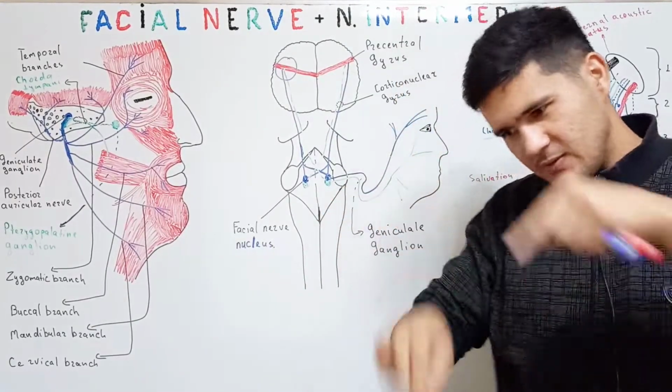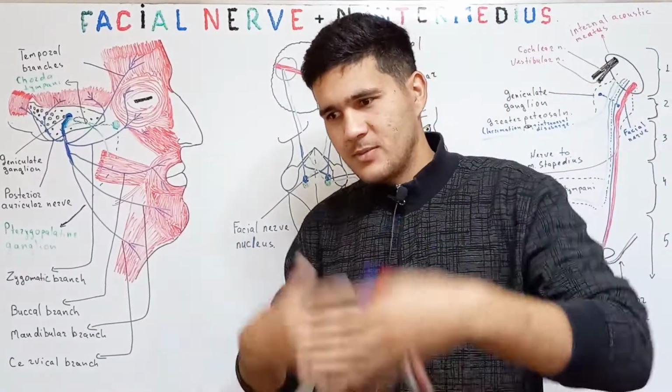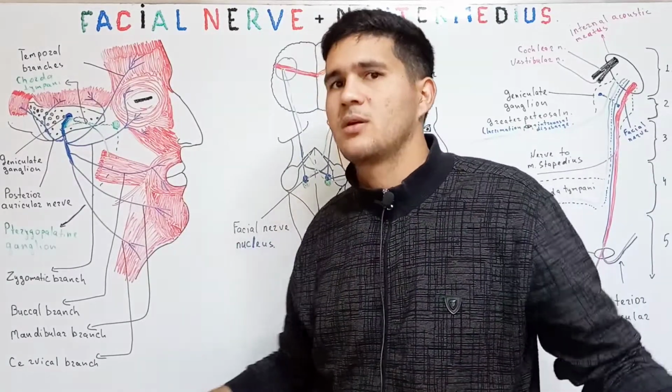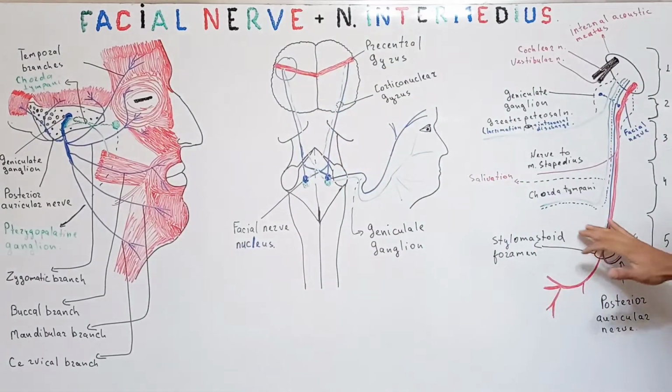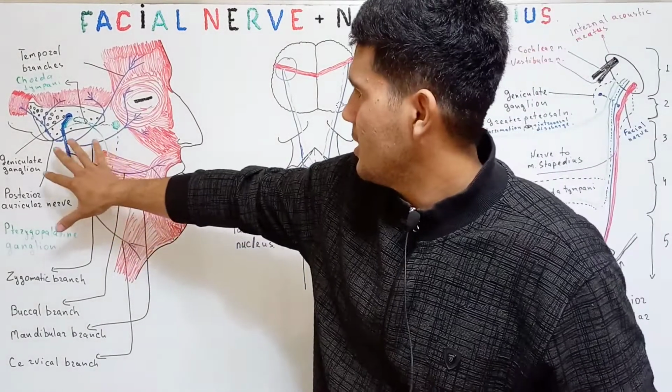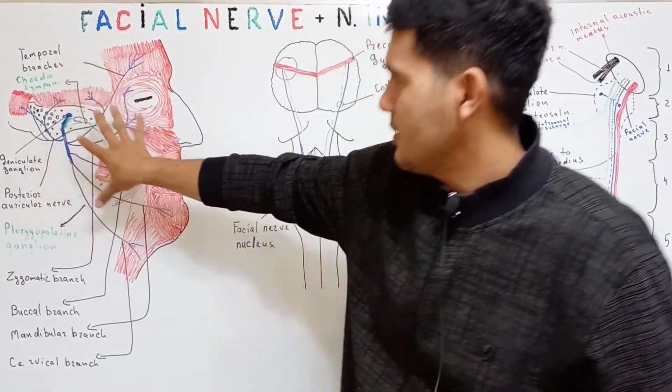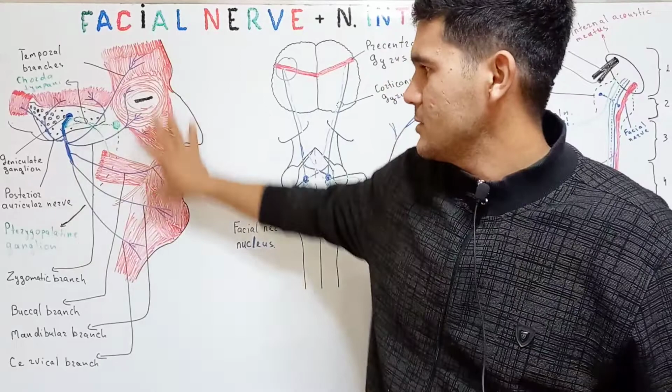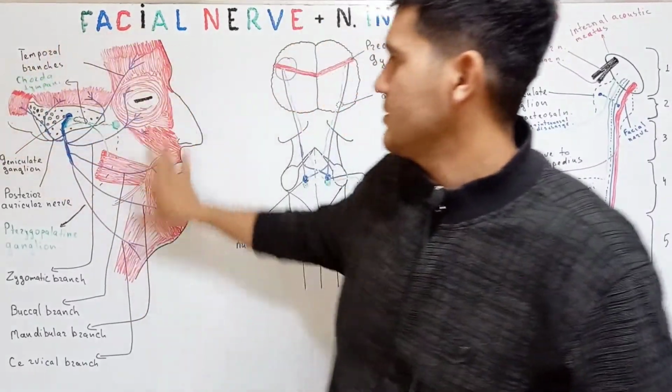They give their stimuli to the glands, and gland function will increase. Okay, and the next fibers are the fibers that are responsible for contracting the facial muscles.